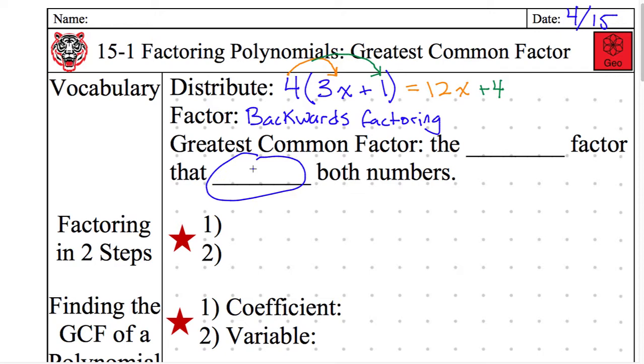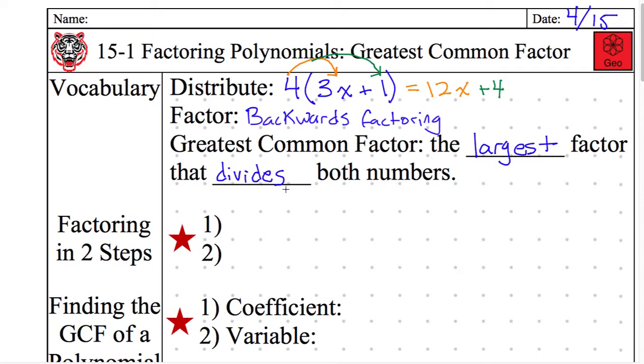Who else has this? No one else wants to take a guess? All right, India, go for it. The largest factor that multiplies. You're really close. It's the other one. Divides. That divides.